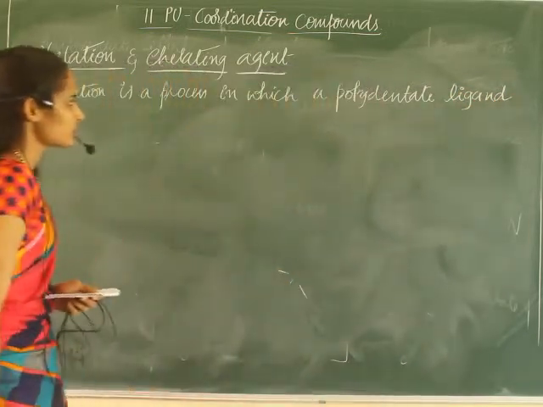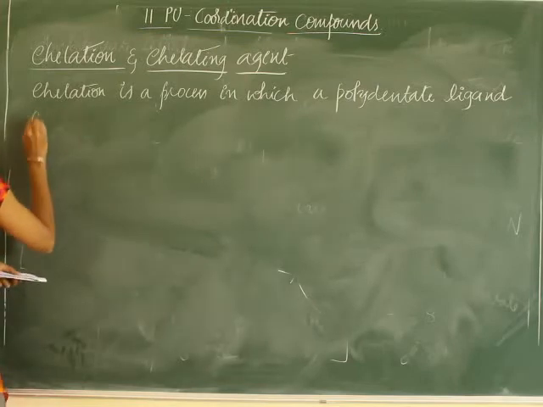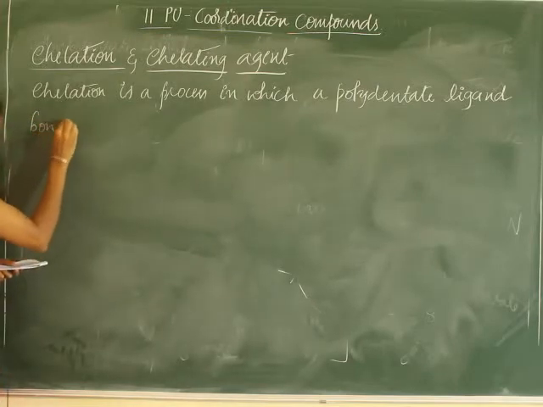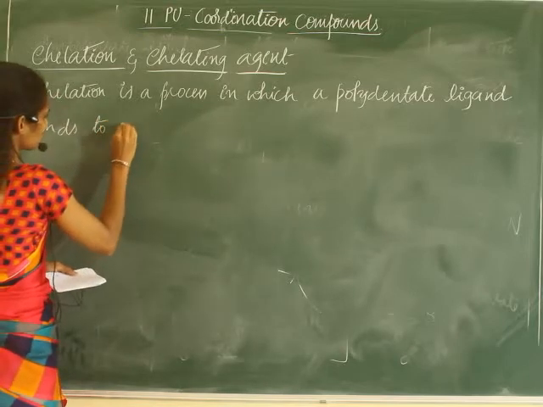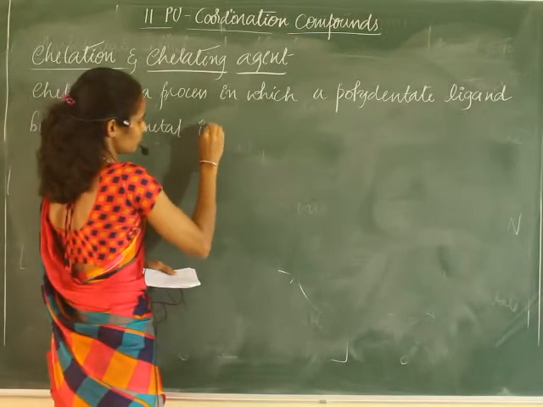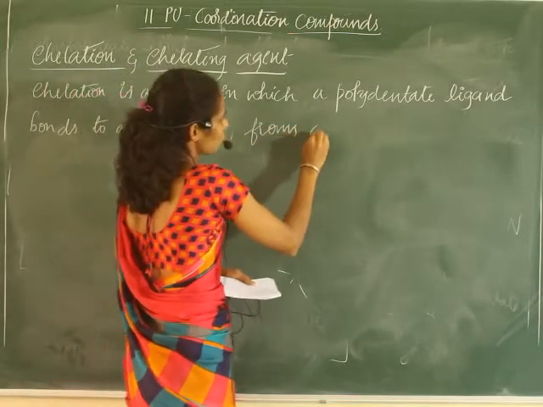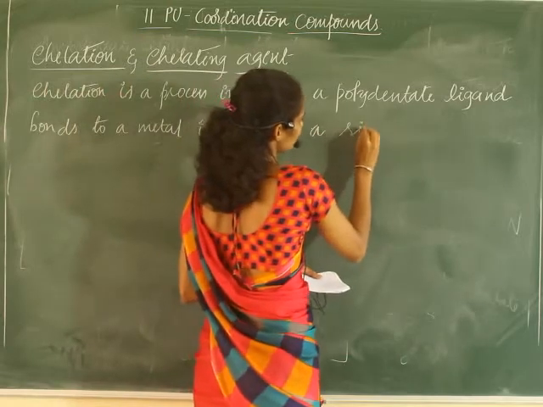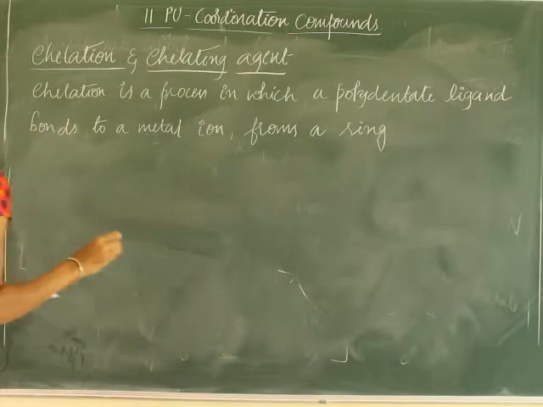Chelation is a process in which a polydentate ligand bonds to a metal ion and forms a ring.